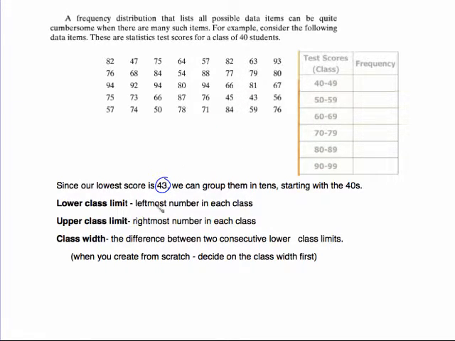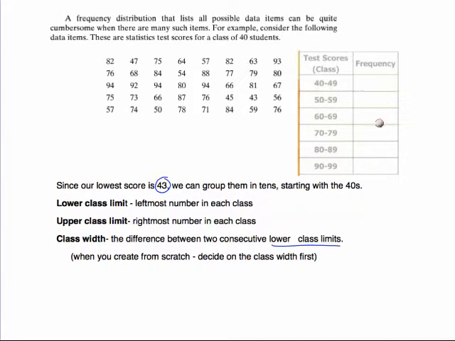Before we do this, let's look at these definitions. The lower class limit is the leftmost number in each class. So this is the 40 to 49 class. This is the lower class limit. The upper class limit is the rightmost number, so 49. So for this class, the lower limit is 40, the upper limit is 49. The class width is the difference between two consecutive lower class limits.